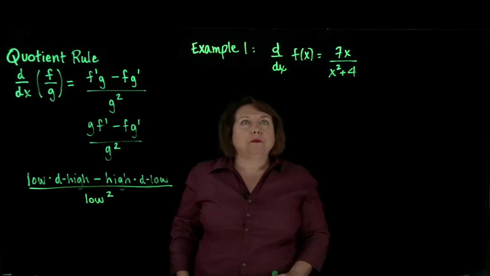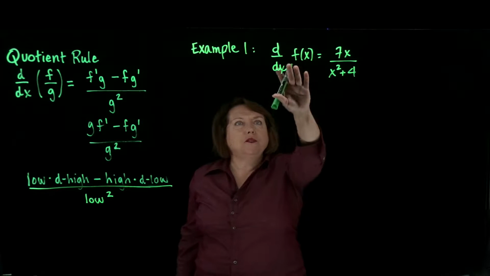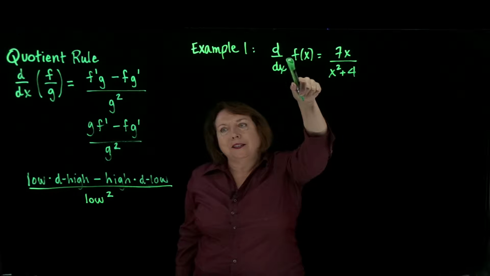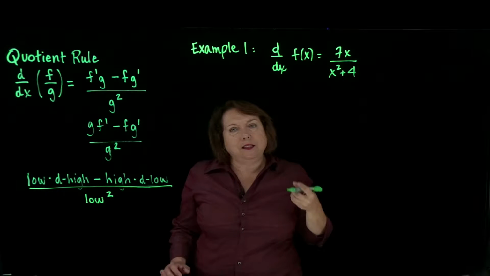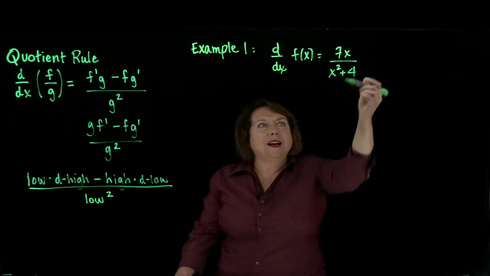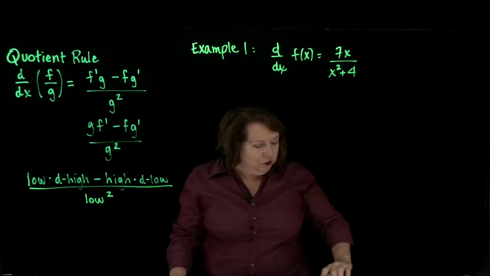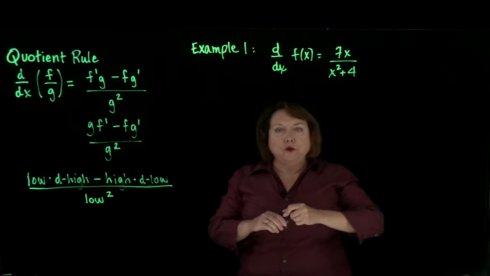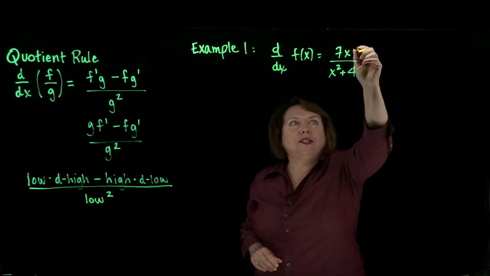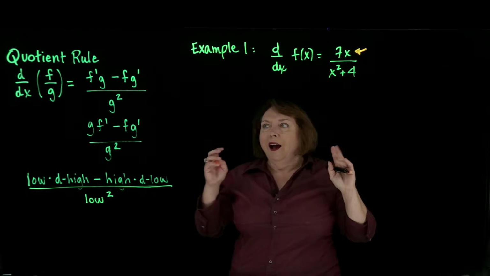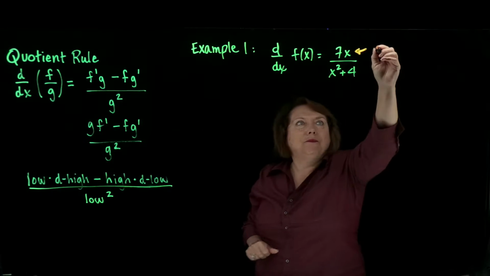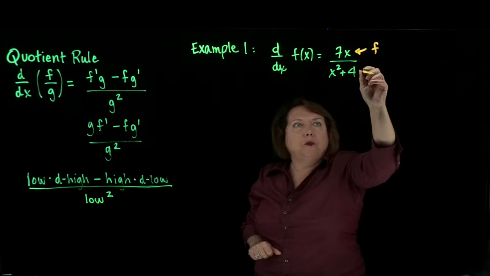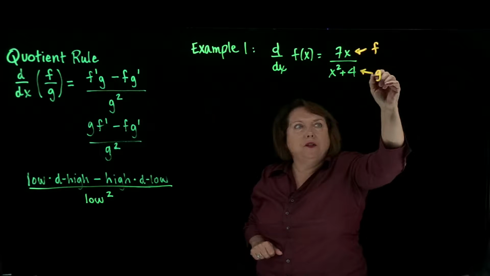Let's try this problem here, this example. So we want to take the derivative. So d dx, that's another way to say I'm taking the derivative with respect to x of this function. Notice that we have two pieces to this function. So 7x will be our f, and then x squared plus 4 will be our g, our lower function.